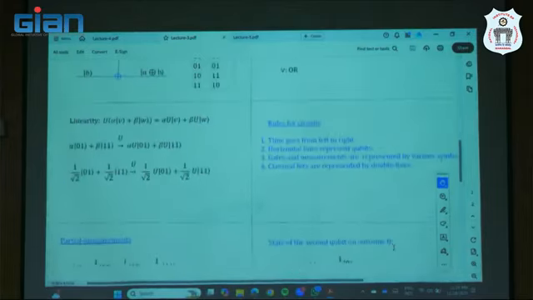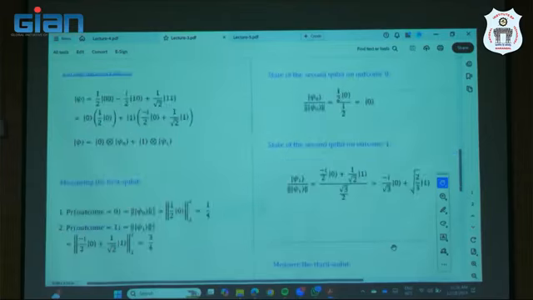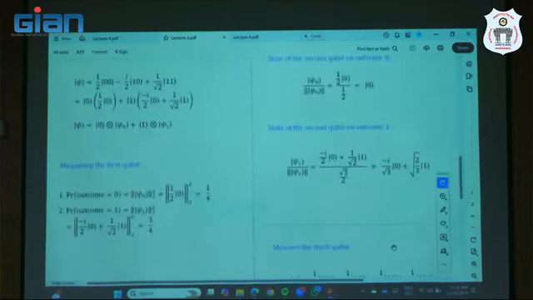Okay, now we are going to look into this concept of partial measurements. So suppose I have a 2 qubit system and I measure the first qubit only. What happens then?